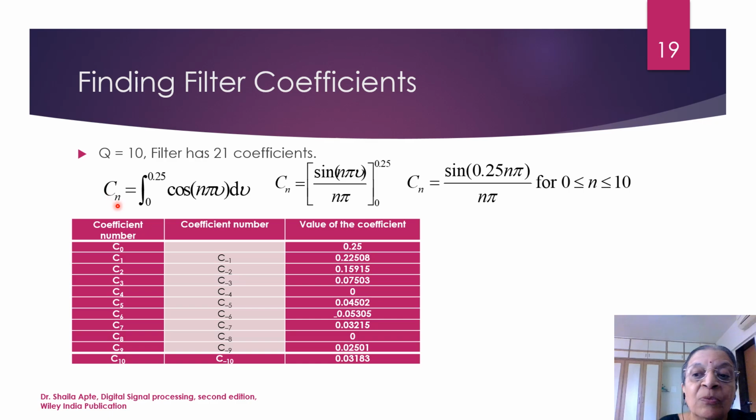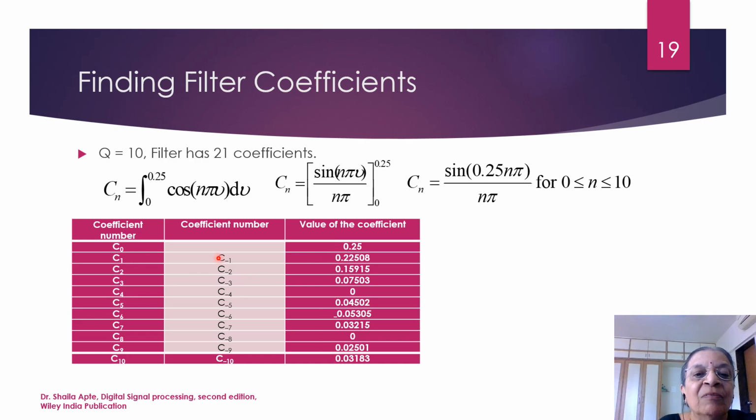Now how to calculate the corresponding filter coefficients? I'll have to use the equation, integrating from 0 to the cutoff frequency, which is 0.25 in terms of the normalized frequency, cos n pi nu d nu. Now, if I integrate this, I'll get sine n pi nu upon n pi between 0 to 0.25, and Cn can be written as sine of 0.25 n pi upon n pi. So if I put the value of n equal to 0, 1, 2, 3, etc., I can calculate all these coefficient values.